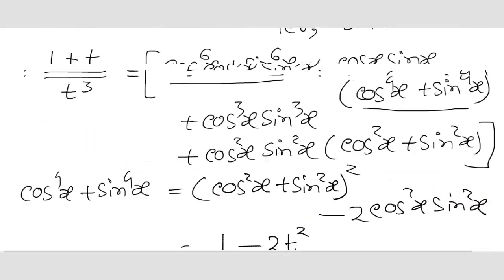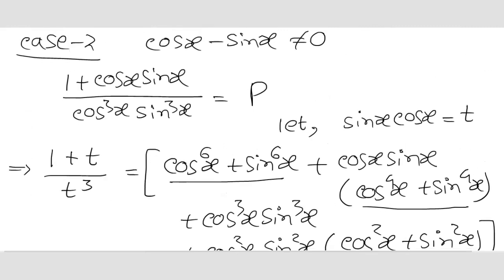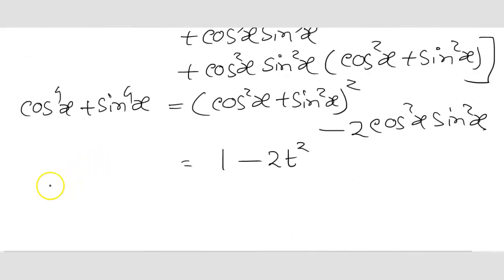And what will be this guy, cos to the power 6x plus sine to the power 6x? If we move our attention to this guy, it is nothing but the cube formula. See, cos square cube x plus sine square cube x, that is a cube plus b cube. What will be the formula?